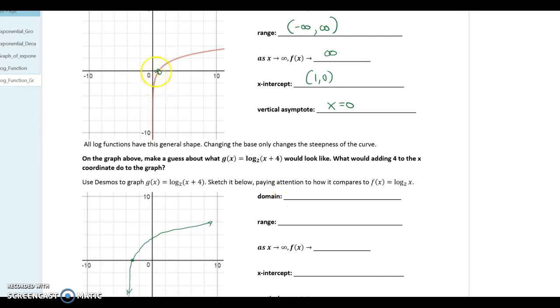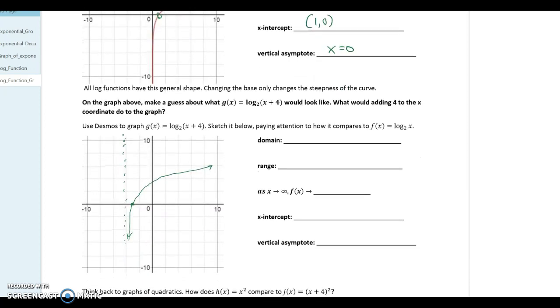So it would also move the asymptote, which was at x equals 0, back 4 places. So our asymptote would be right there at x equals negative 4.